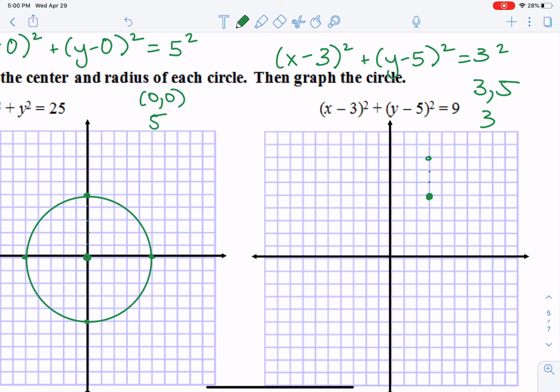So I counted up 3, over 3, down 3, and that way 3. And then make a circle. And there you have it.